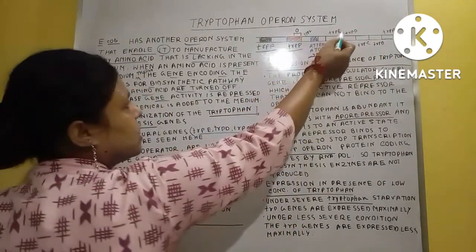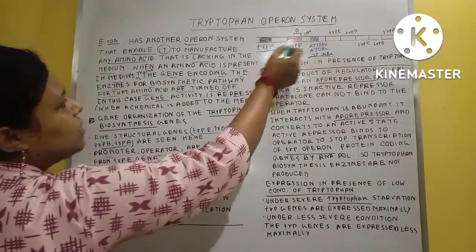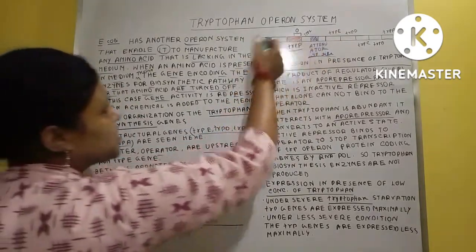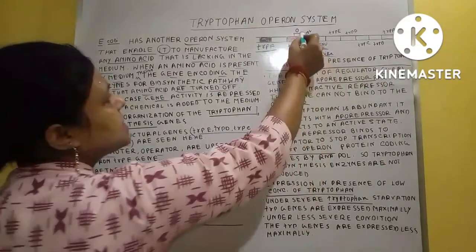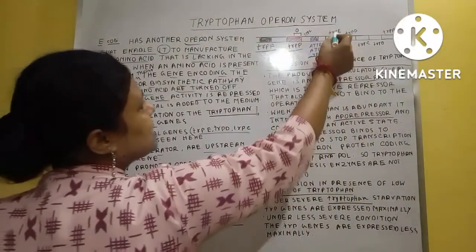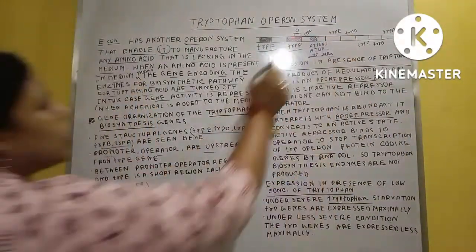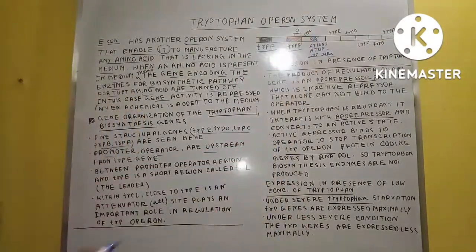So if this is TRYP-E, the promoter, the operator and the regulator are already present in the upstream portion. Between the promoter and operator region and TRYP-E is a short region called the TRYP-L. You can see this is the TRYP-L, situated just between the TRYP-P and the TRYP-E. Obviously, the operator is included within the TRYP-P promoter.